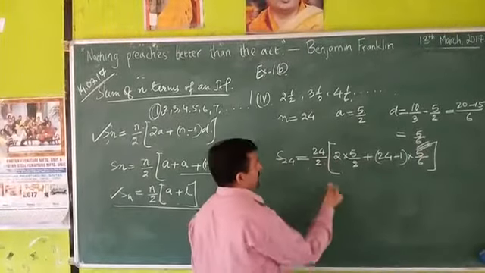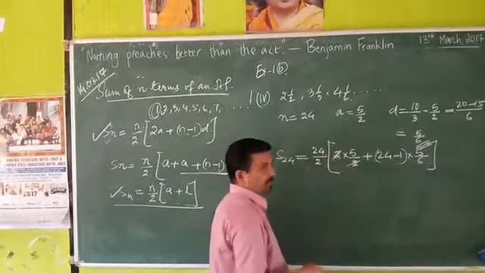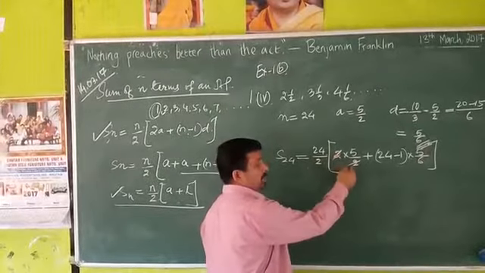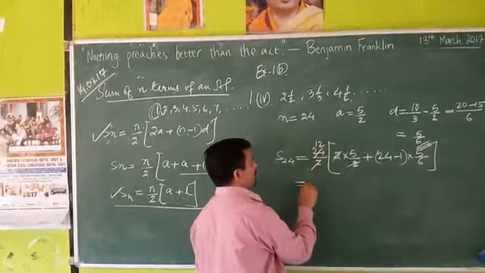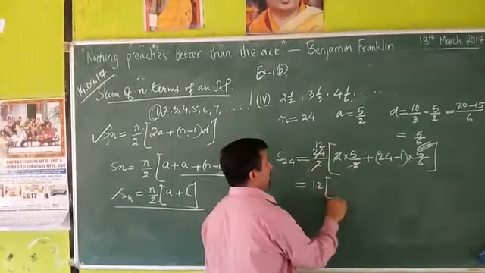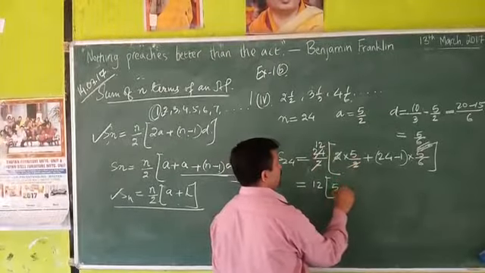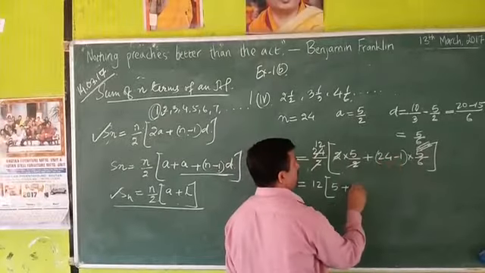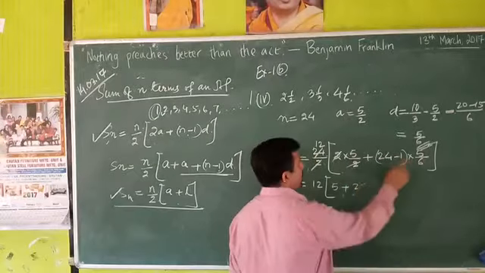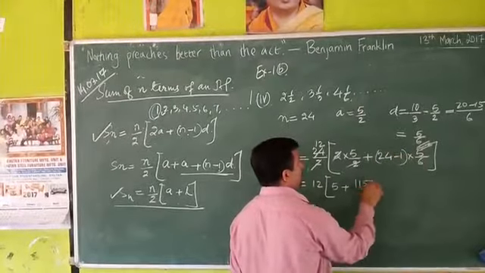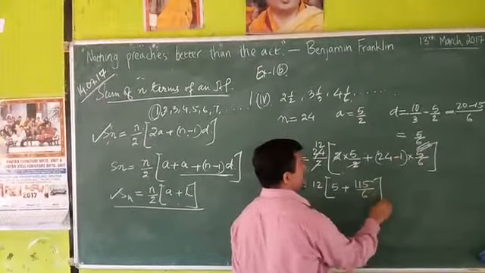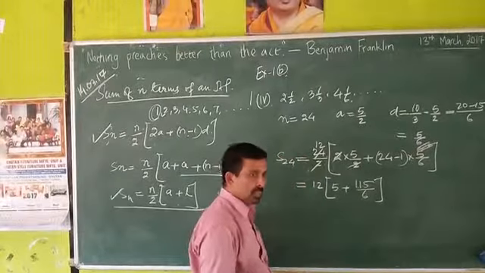Now this 2 and this 2 cancel, and 2 twelves are 24. This is equal to 12. And now this is 5 plus 25 minus 1, 23, into 5. 23 into 5, 115, divided by 6.